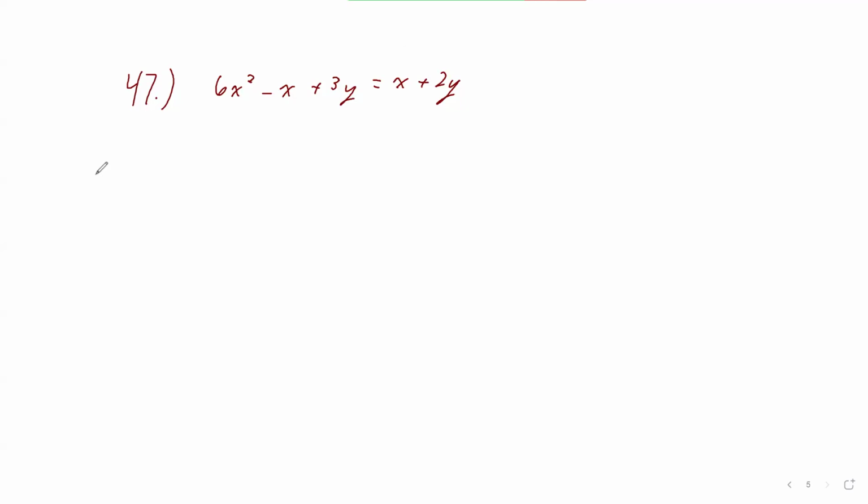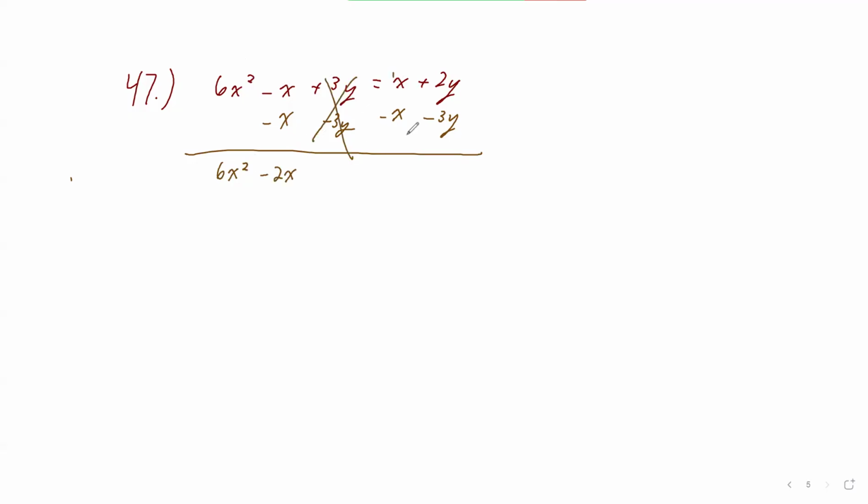Now, most people like to move the y to the left. I see that I have less stuff to move if I move the y to the right. So I'm going to subtract 3y on both sides and subtract this x. And notice that I'm lining up all of my variables. So this gives me 6x squared minus 2x.